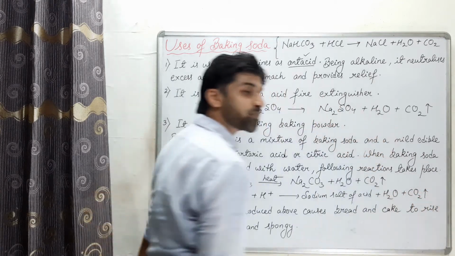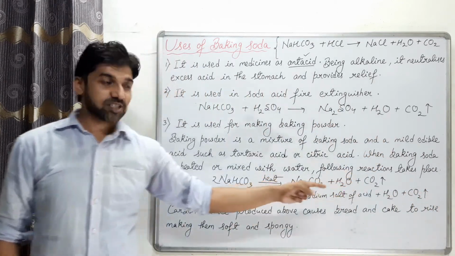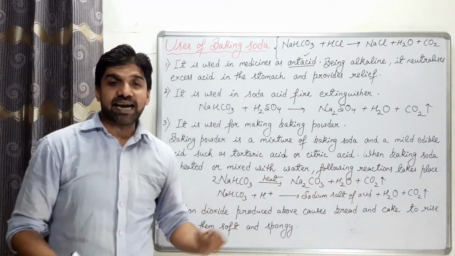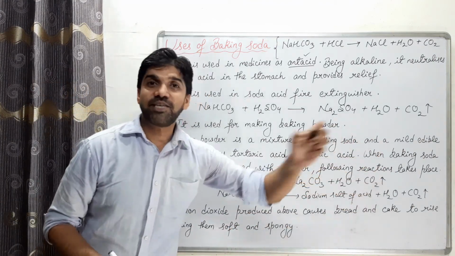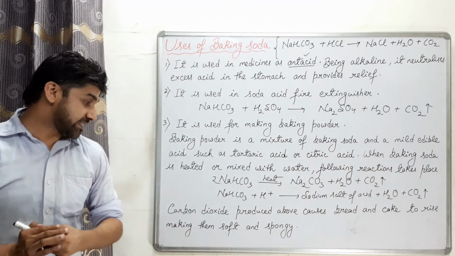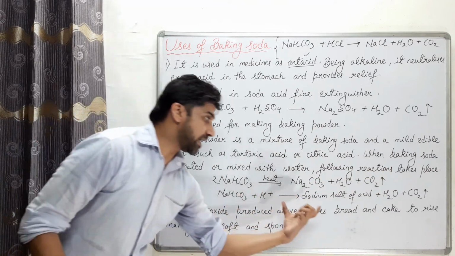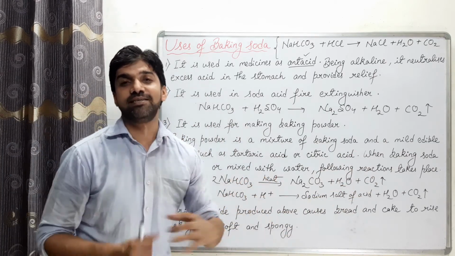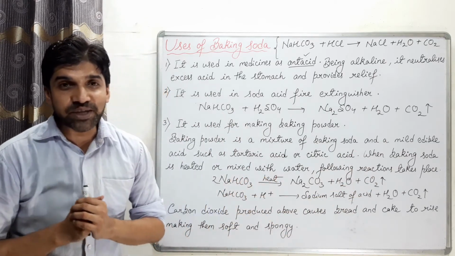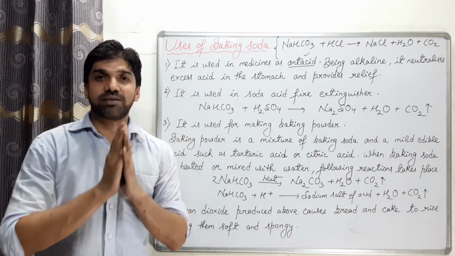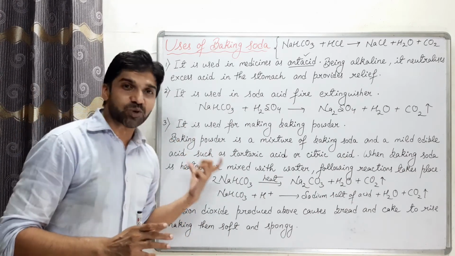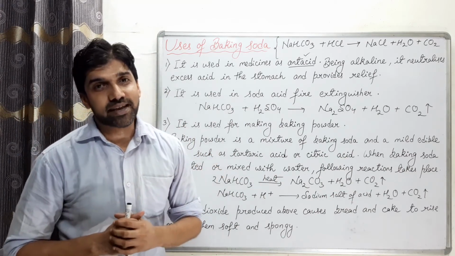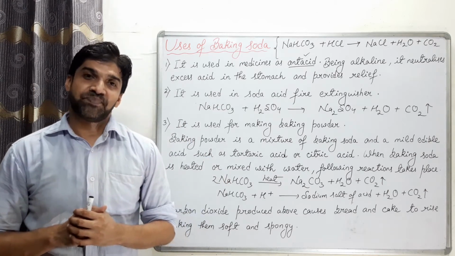CO2 गैस. हमने अभी लिखा था reaction of sodium bicarbonate with the acid, we have evolution of CO2 gas, and this CO2 gas makes the bread and cake soft and spongy. That's why we use baking powder which contains baking soda for making cake and bread.